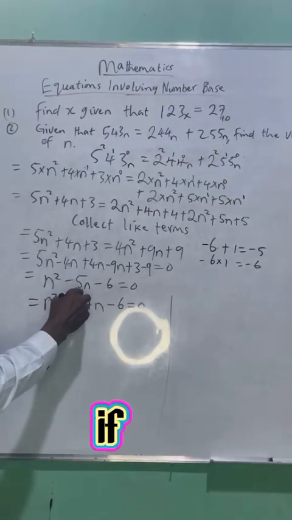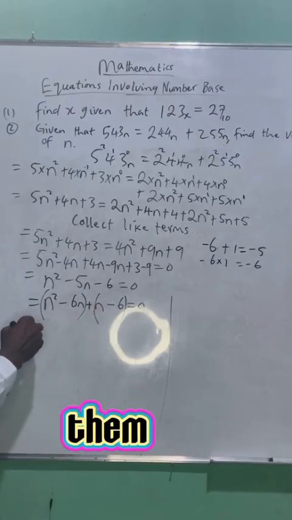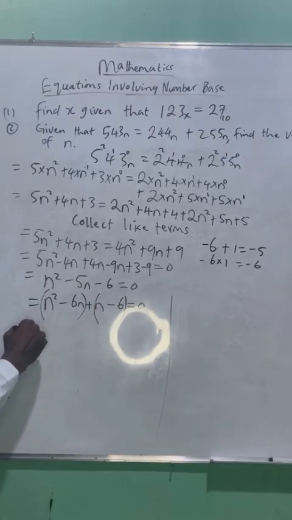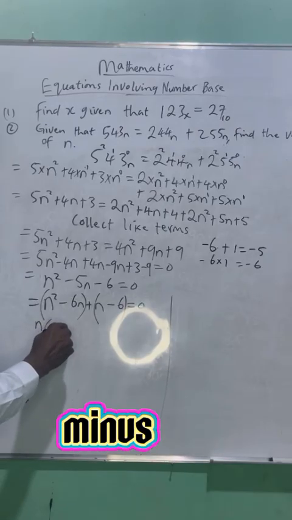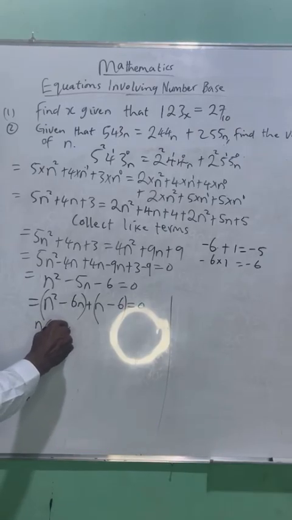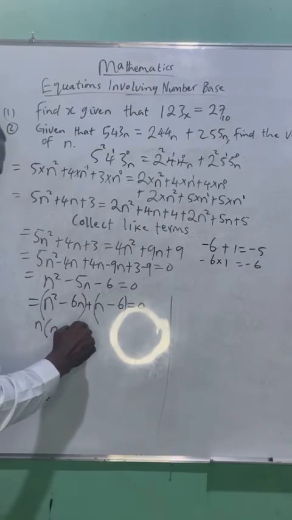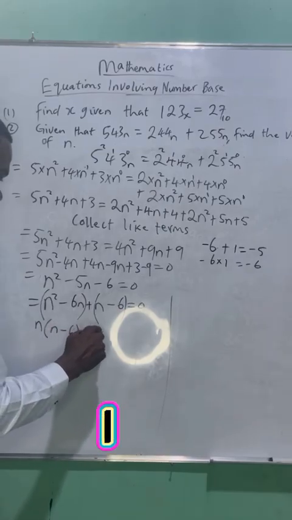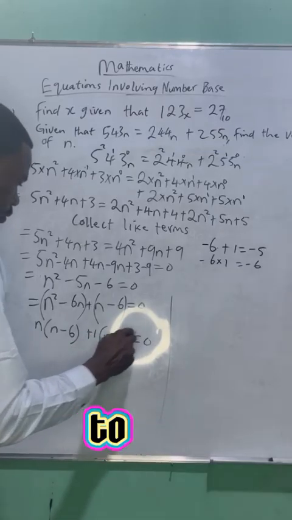So if I separate them, I will have n into n minus 6 plus 1 into n minus 6 equal to 0.